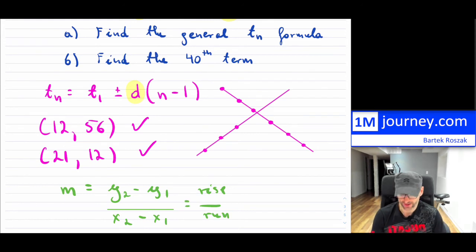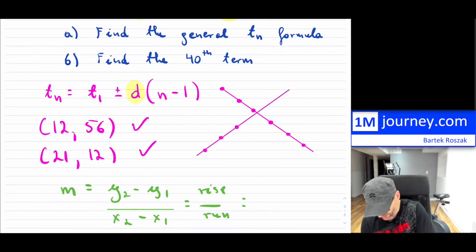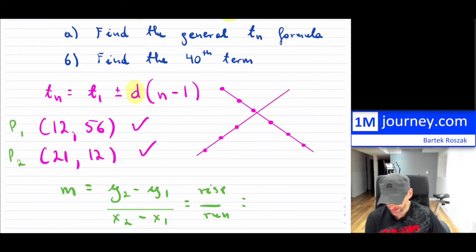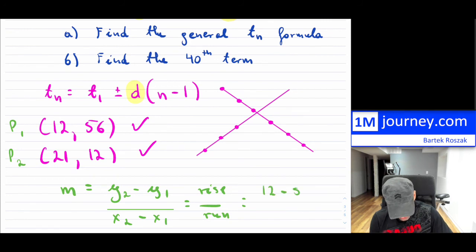That's what we have there. Well, I know what that is. So you can pick, okay? So let's make this point, you know, point number 2, and this point number 1. So what I have is, so I'm going to have 12 minus 56 divided by, and this is going to be x2, which is 21 minus 12.